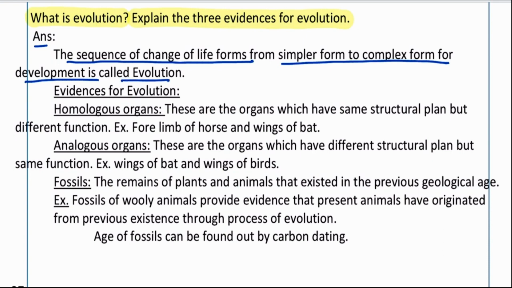Or you can also write it as accumulation of genetic differences in the living organisms over a period and new varieties of living organisms. Evidences for evolution are homologous organs, analogous organs, fossils. Fossils are main evidences, and also embryonic development.